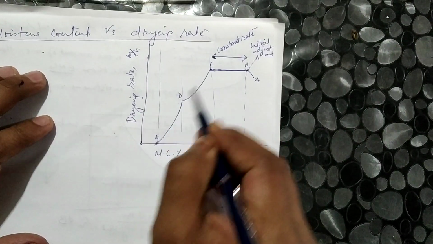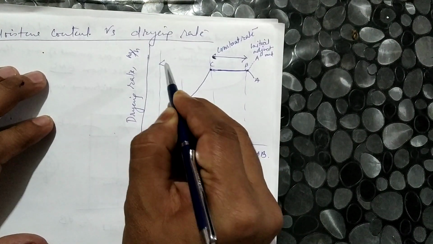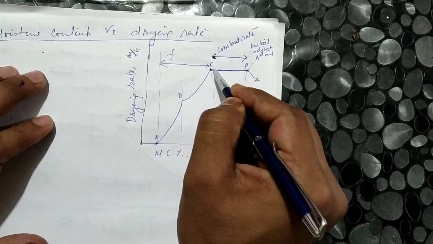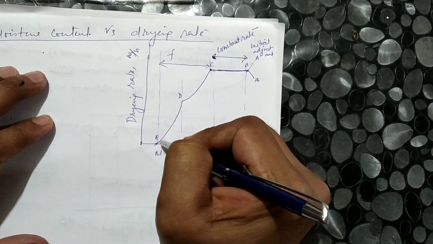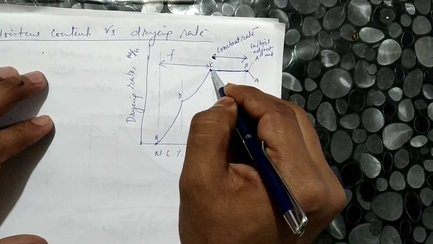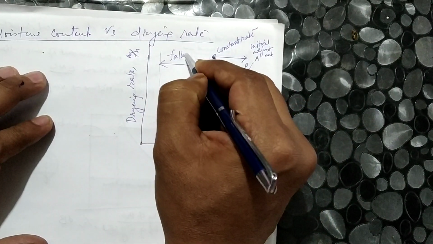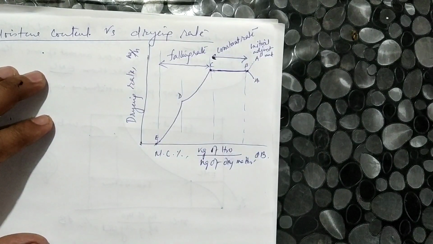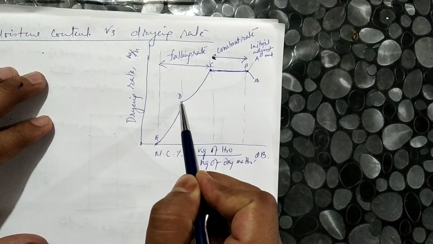C to E is a sudden fall, the drying rate falls. This is called the falling rate of drying. Here the D point, we'll discuss later what the D point is.